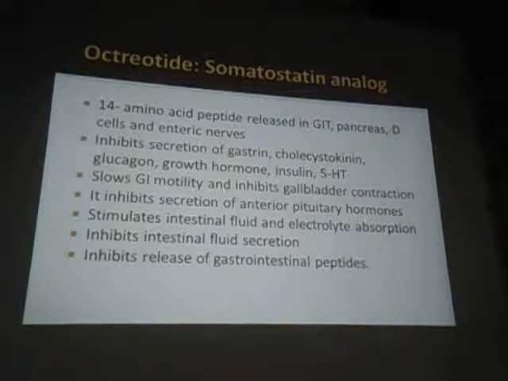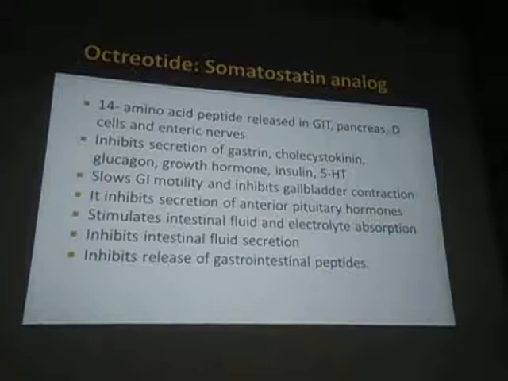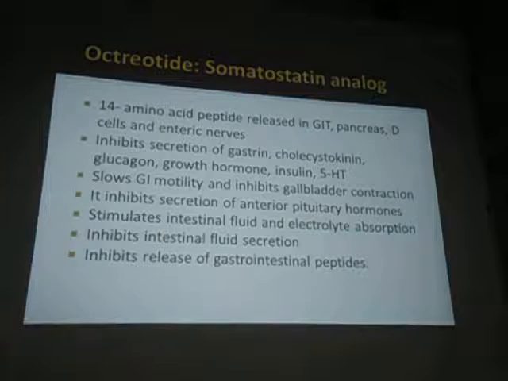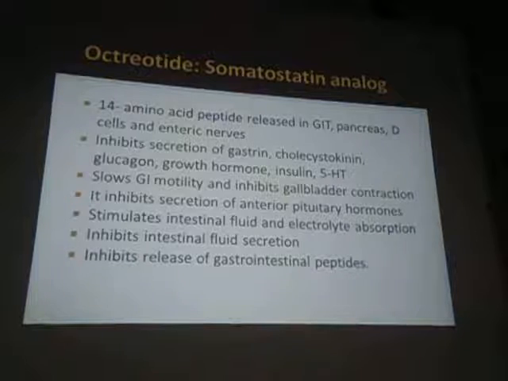So by inhibiting the gastrin, it can slow the intestinal motility and inhibits the gallbladder contraction also, and it can inhibit the anterior pituitary hormones. Intestinal fluid absorption is increased and secretion is decreased. So both are helpful, inhibits the intestinal fluid secretion and inhibits the release of these GI peptides.